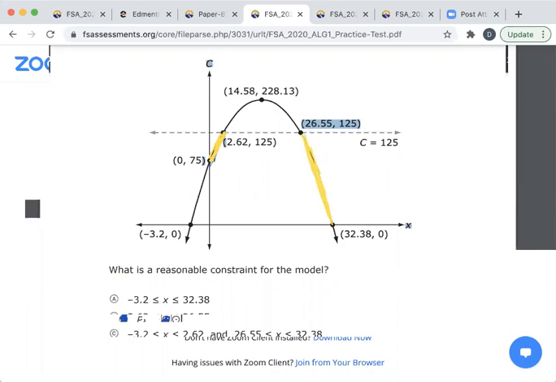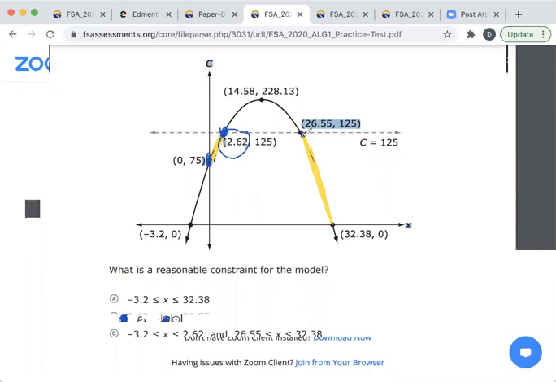So how would we write that? Well, the first portion is going to start at 0 because you're starting at 0 for cost, you're not starting at a negative cost. And the only answer that starts at 0 is D. So I know that's the answer, but I'll explain it a little bit more. So from 0 right here all the way to 2.6, which is right here, is one of the things.